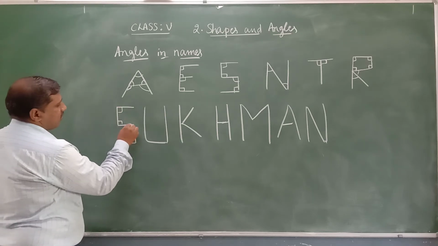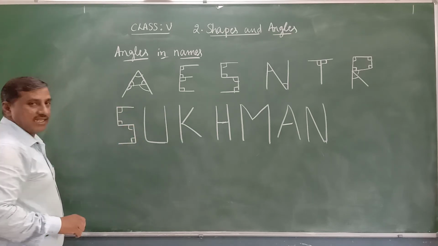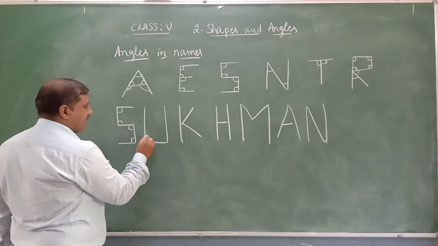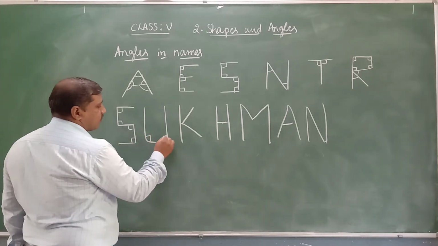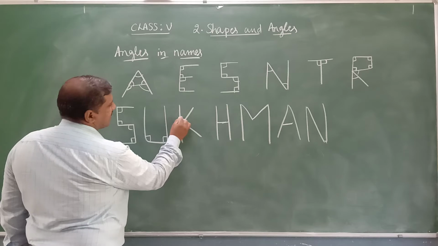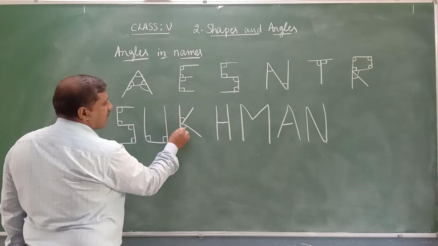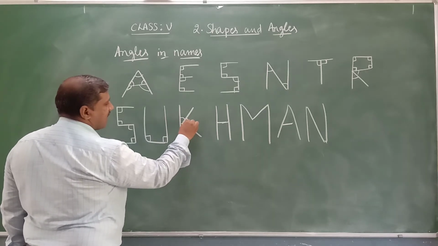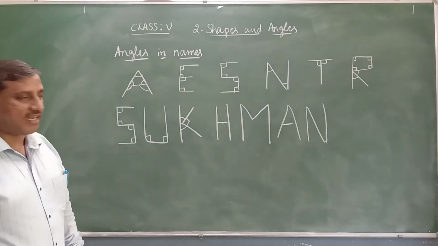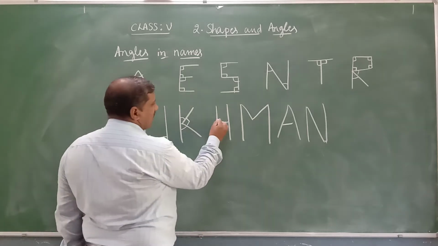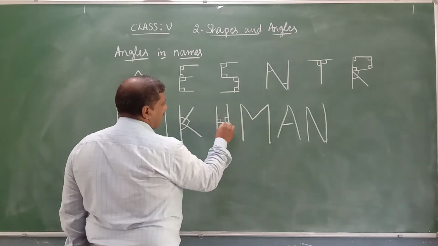1, 2, 3, 4 right angles, and here 1 and 2 are both right angles. These two are acute angles, and this is a right angle. We'll find this for the letter K, and for H, 4 right angles we'll find like this.